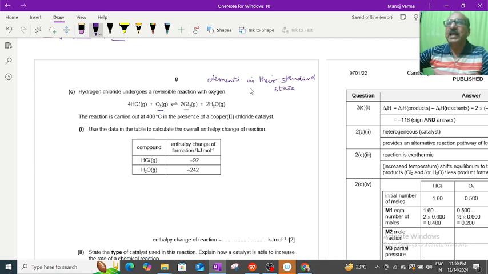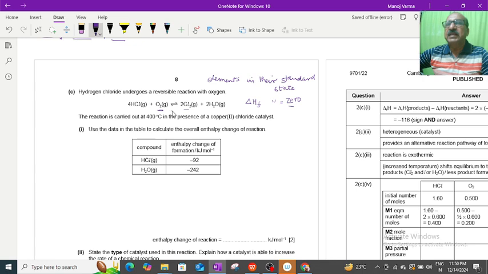So these are the elements in their standard conditions, and there is a convention that the enthalpy change of formation of the elements in their standard states is by convention taken to be zero. You have to remember that for an element the value is zero, therefore these values are not given. And now you have to find out the enthalpy change of the reaction.